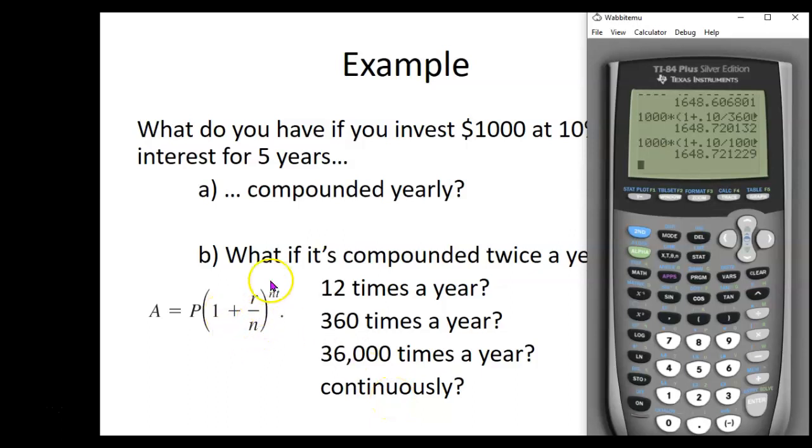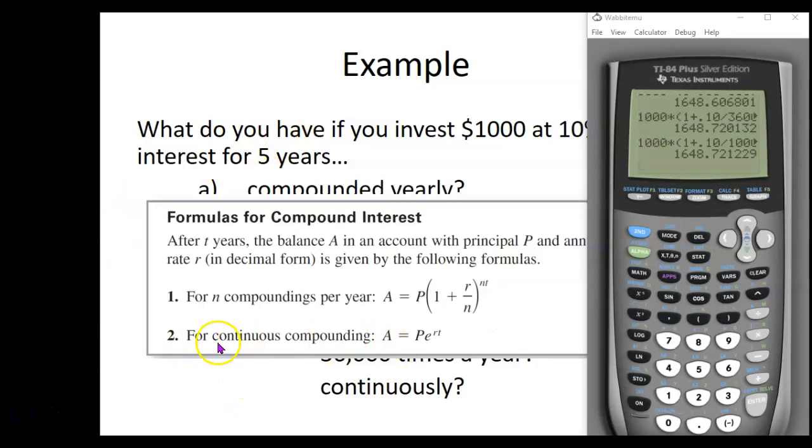That would be like if n, the number of times per year you could compound, was infinity, or just a really, really big number. The amount you end up with, we say that's what you get when you compound continuously. And the formula for that is, for continuous compounding, A equals P times e to the RT. So that's basically what the first formula would give you if you could plug in infinity for n.